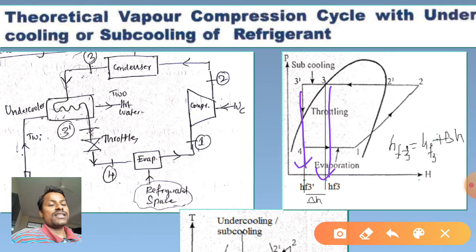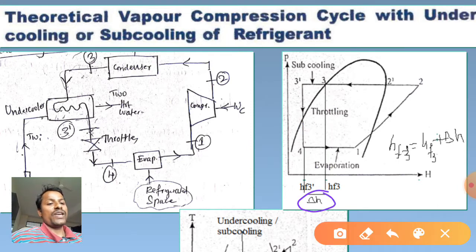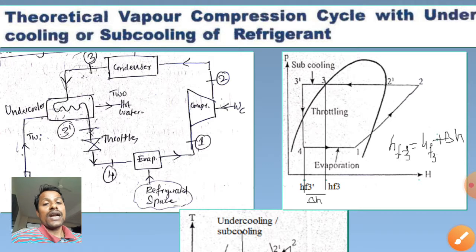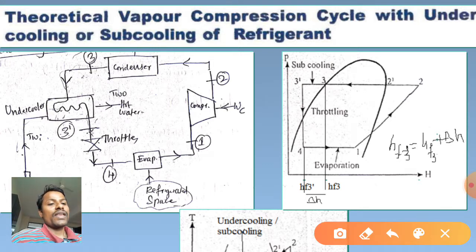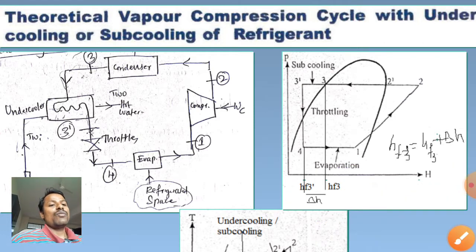If I subtract HF3 from HF3 dash, I will be able to get the change in enthalpy, that is the decrease in enthalpy during the undercooling process, delta H. So delta H will be what? It will be equal to Cp into T3 minus T3 dash. So this step we will be using while solving the problems.